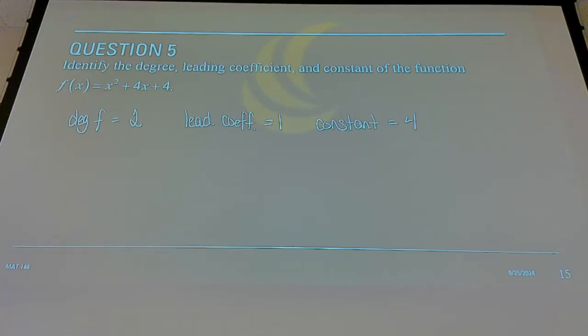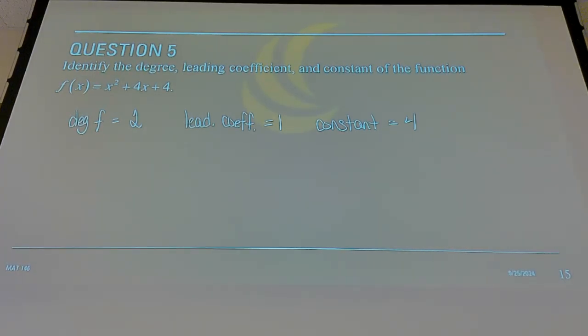How'd you get the leading coefficient to be 1 here? You gave it to me, so how'd you get it? In front of the x squared. So when the leading coefficient does not exist then, why is it 1?